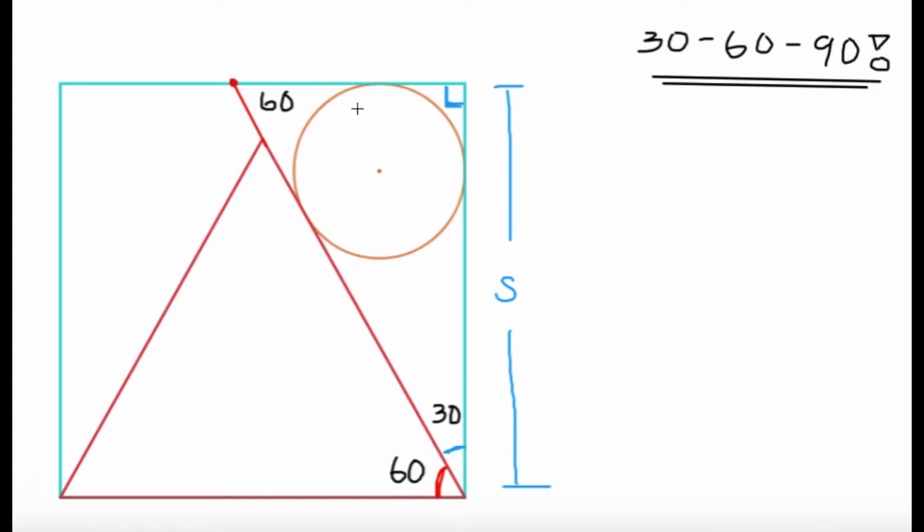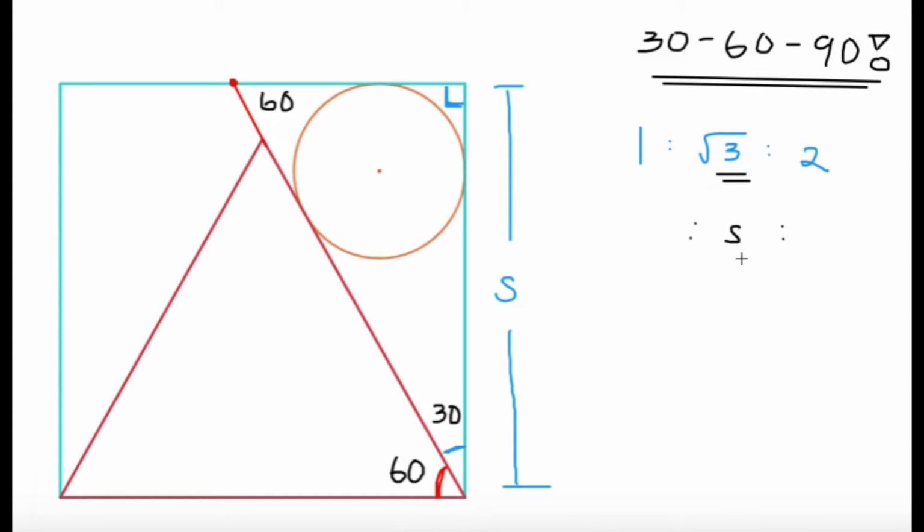And we know that in a 30, 60, 90 triangle, the three sides have a ratio of 1 is to square root of 3 is to 2. Therefore, we know that S corresponds to the ratio square root of 3. Therefore, we know the other two sides as well.